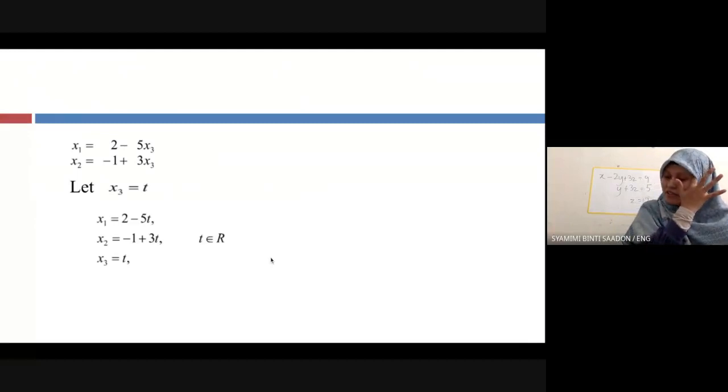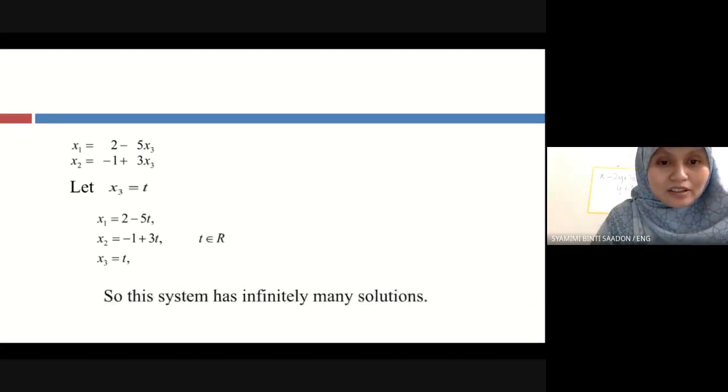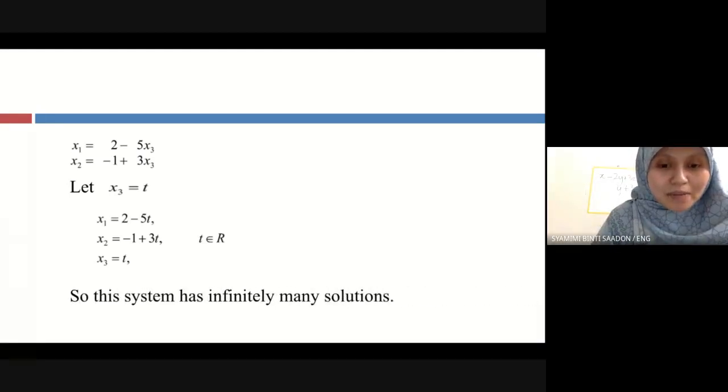It depends on the question, what is the boundary condition or the rules. Normally it's real values, meaning we can take any number. So this system has infinitely many solutions, because whatever value of x3 is valid.